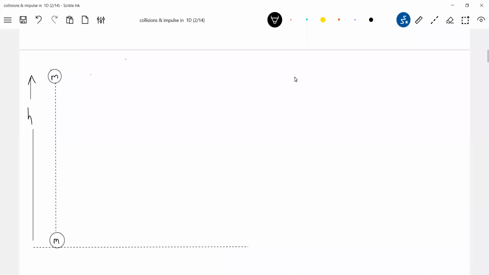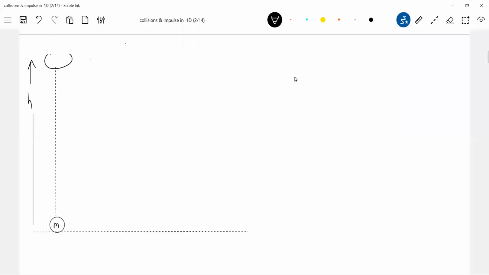I'll scroll down. Some general idea regarding what all forces are set up during collision, and about their nature. Let me take a block. I'll drop it from a height h1.